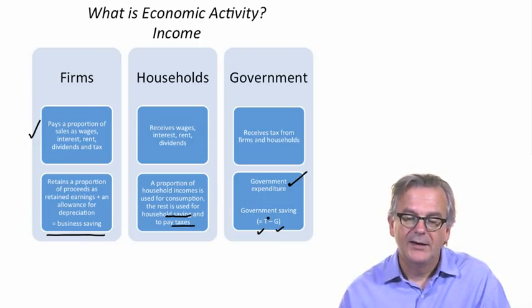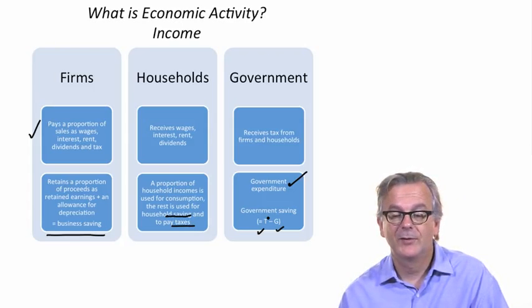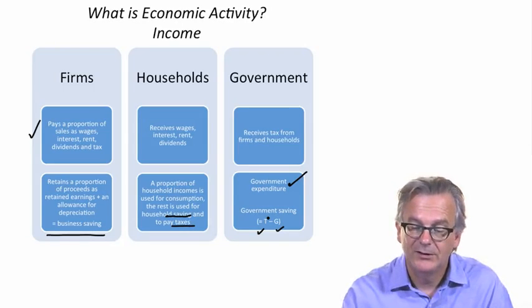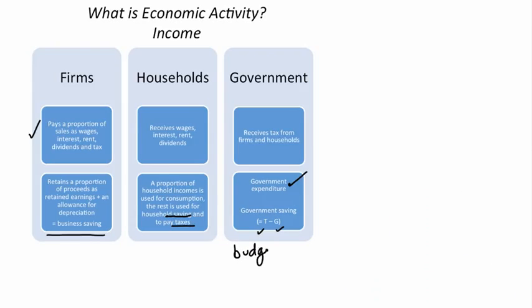Now what you're looking at here, T stands for the total value of taxes the government collects, G is this expenditure. This is known as the budget balance.